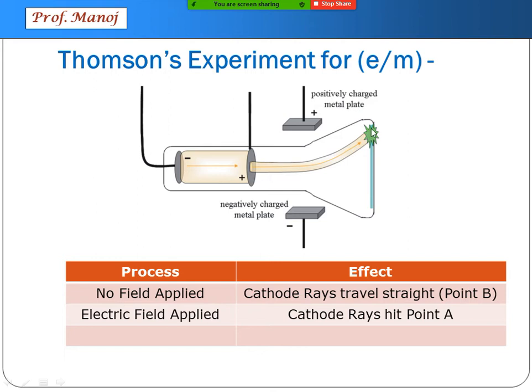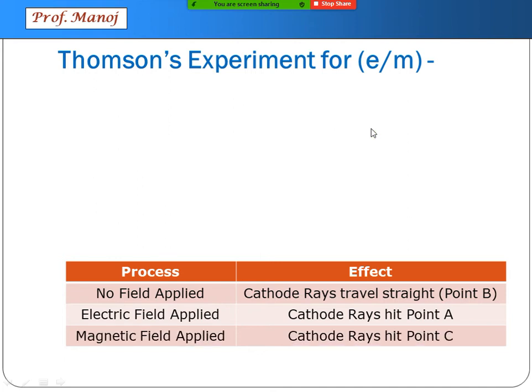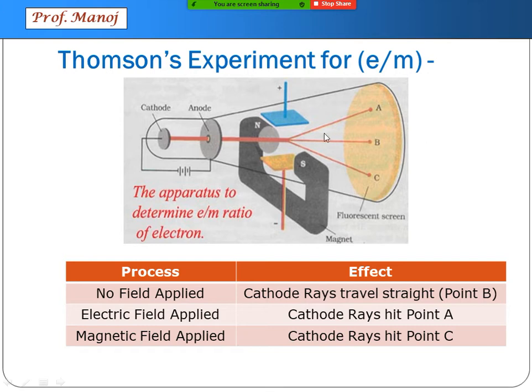Similarly, a magnetic field was applied and a deviation towards point C was seen. In this diagram, you can see all the effects drawn together; in reality, they are done separately. For example, the straight path is point B when no field is applied, point A when the electric field is applied, and point C when the north and south poles, that means a magnetic field, is applied.